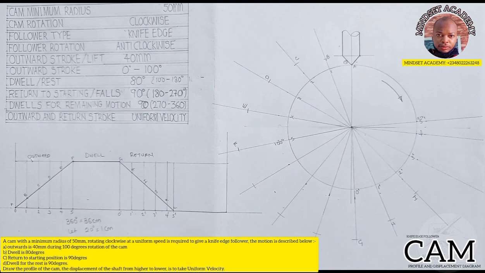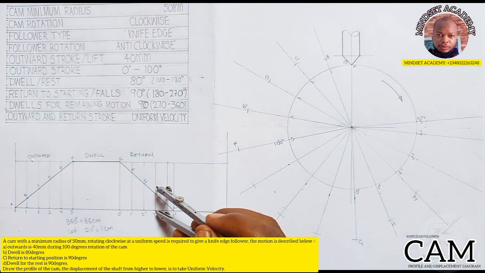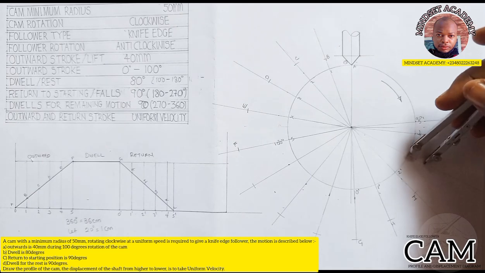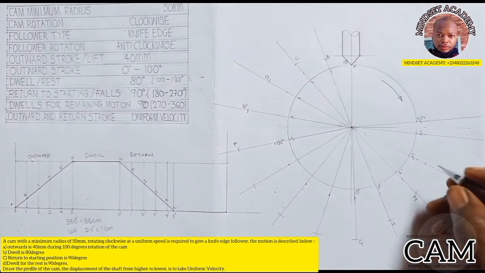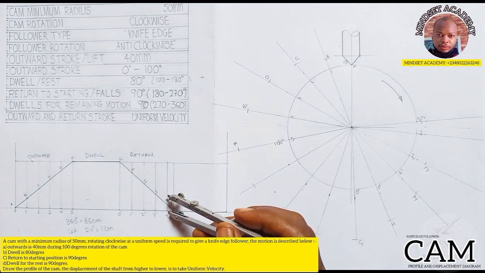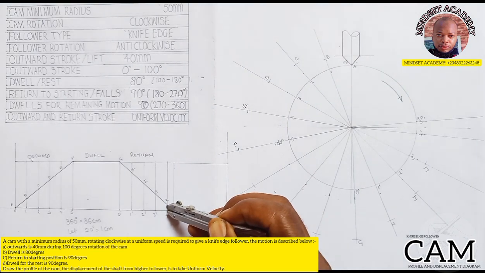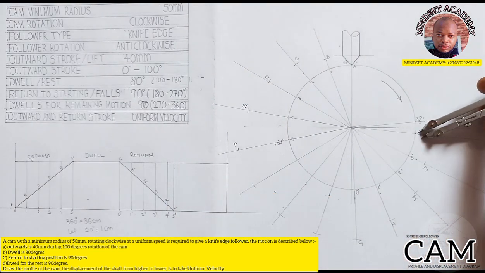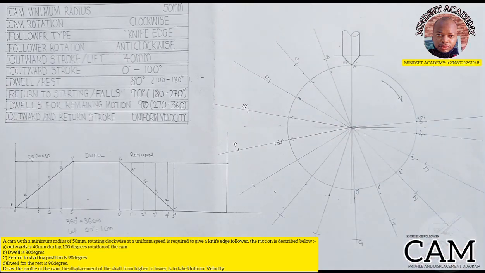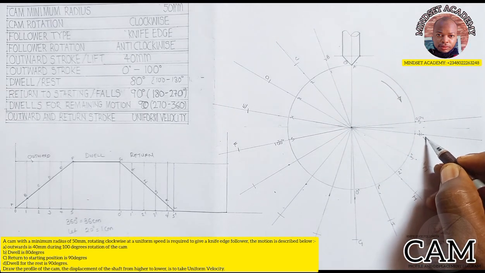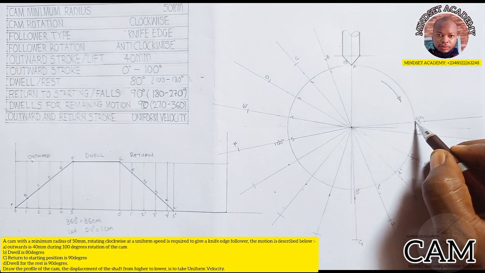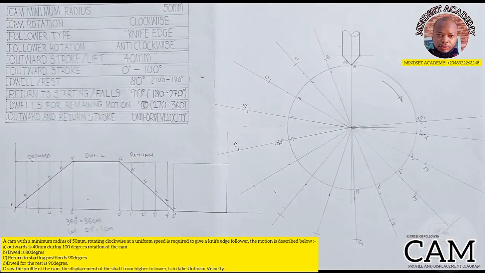Then from 3 prime to J, that will be my J. Then from 4 prime to K, that will be my K. Then back to 0 here. So I'll now use my French curve.